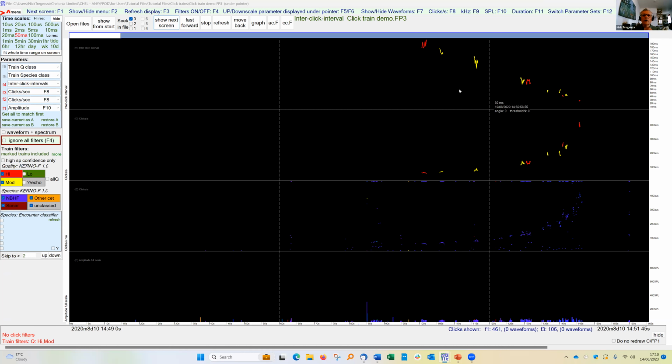And what we're seeing is the interclick interval, and it's falling in an almost perfectly straight line down to an interclick interval of about 30 milliseconds. And if you look at it as click rate, which is the reciprocal, you're going to get a curve like that.